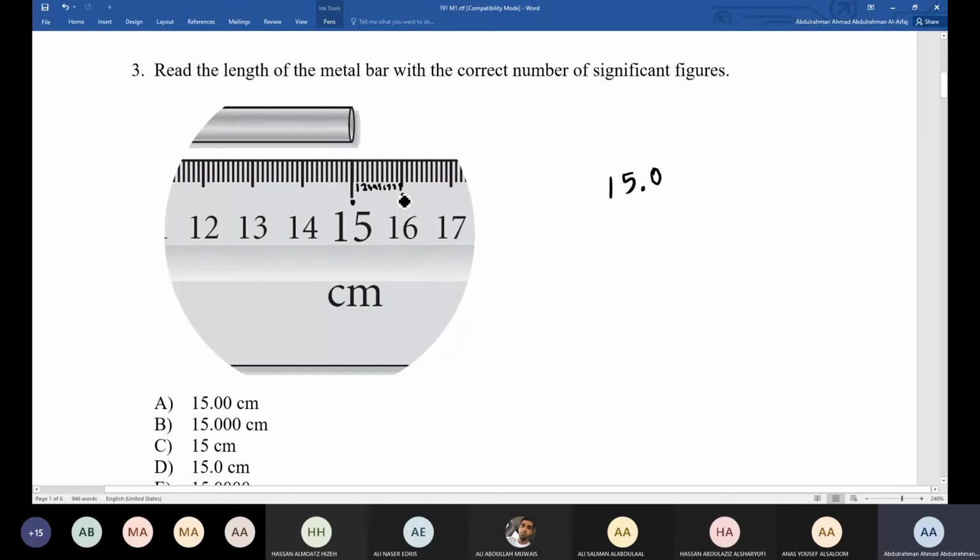Okay, so I can read 15.0 is there. And then I have to put the fourth number that I'm not sure about. It looks like it's around the zeros, right? So I should write 15.00. If you write only 15.0, it's wrong. Is this clear?